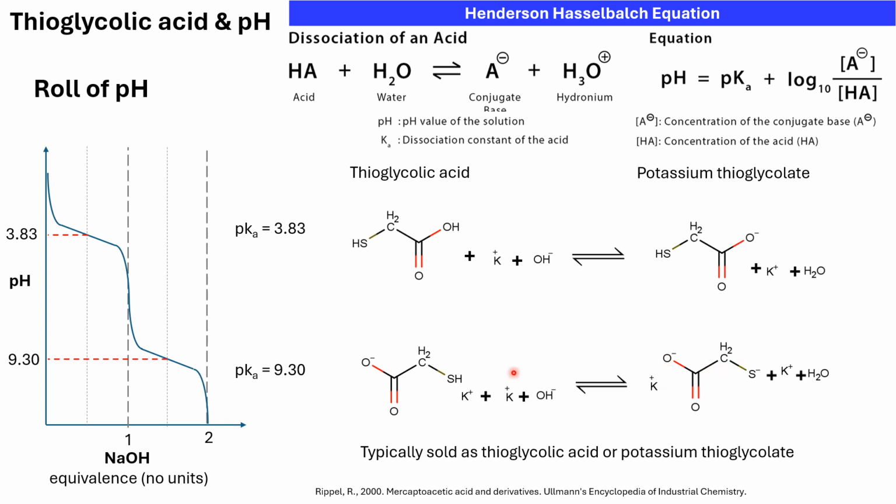So that's the real key to this, is very high pH is required to doubly ionize the thioglycolic acid to dipotassium glycolate, thioglycolate rather.